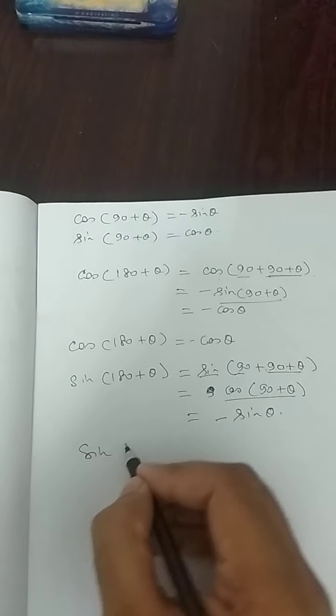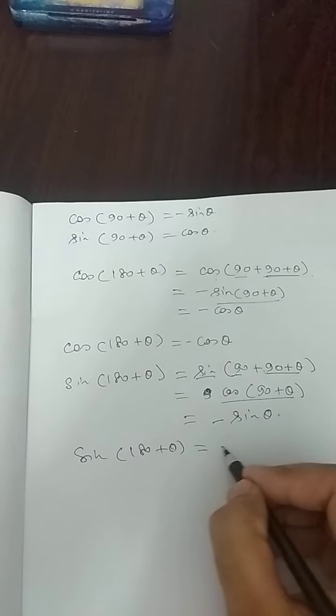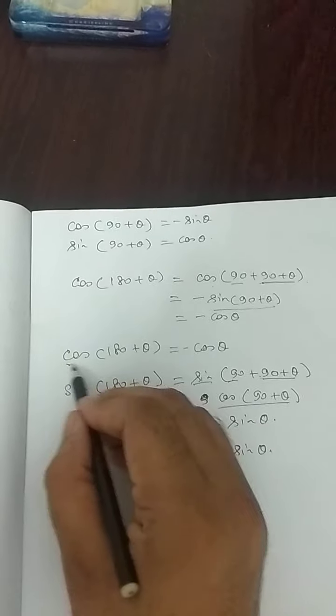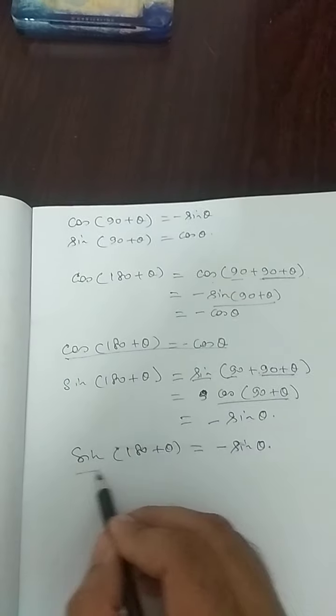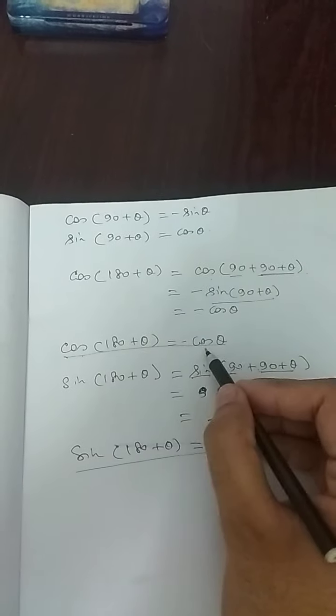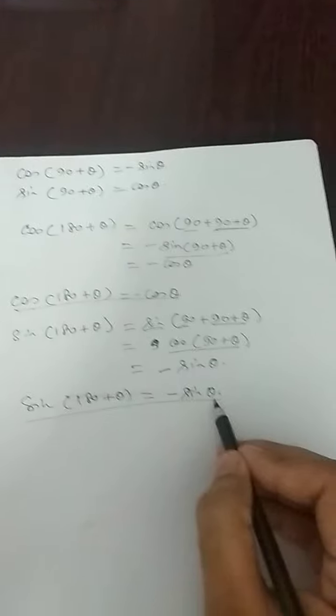Thus, we can write sine of 180 plus theta is equal to minus sine theta. So we can observe these two results here: cos of 180 plus theta is minus cos theta, sine of 180 plus theta is minus sine theta.